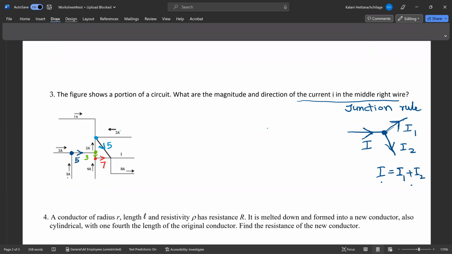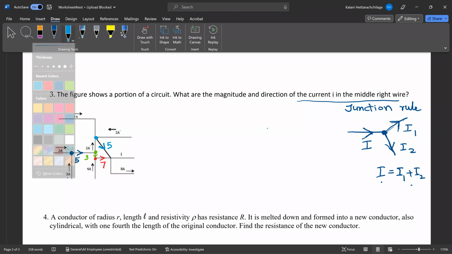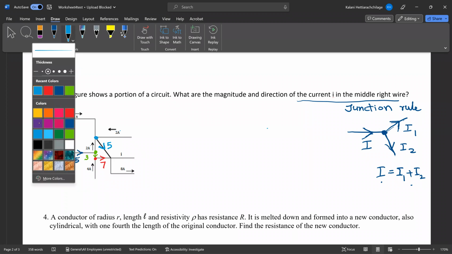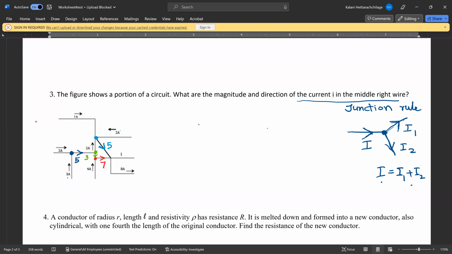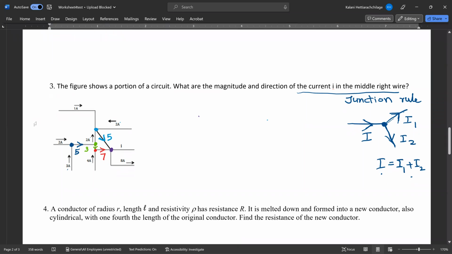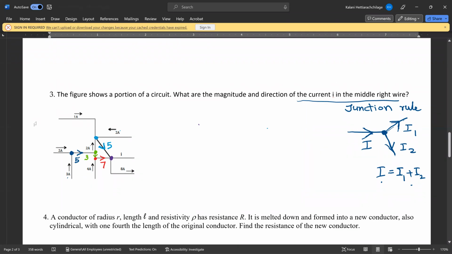Now I can find the current I mentioned on the diagram by taking the last junction. So now this is the last junction. In that junction, you have 4 wire pieces. You know 3 of them. You need to find the unknown I, right? So now you need to identify that 7 and 5 are coming towards the junction and 8 is going outward.